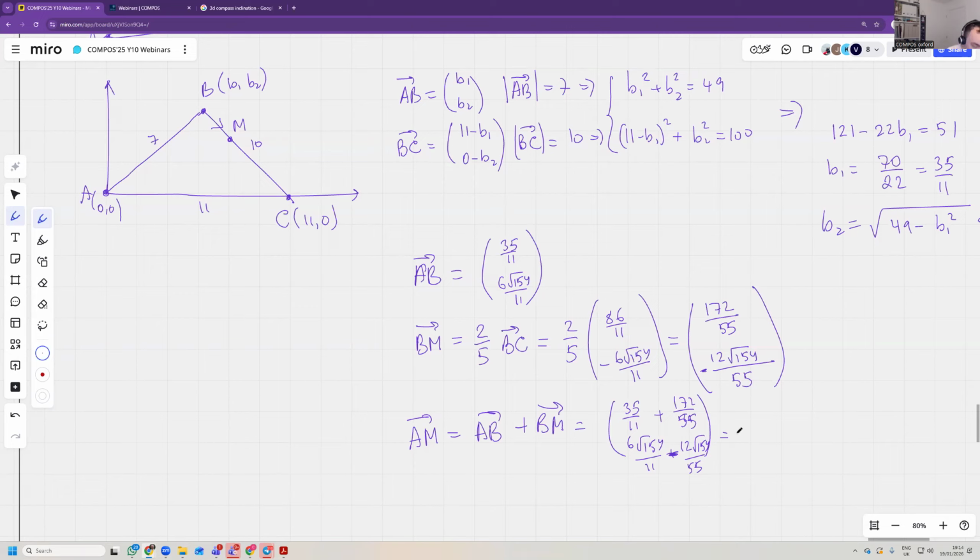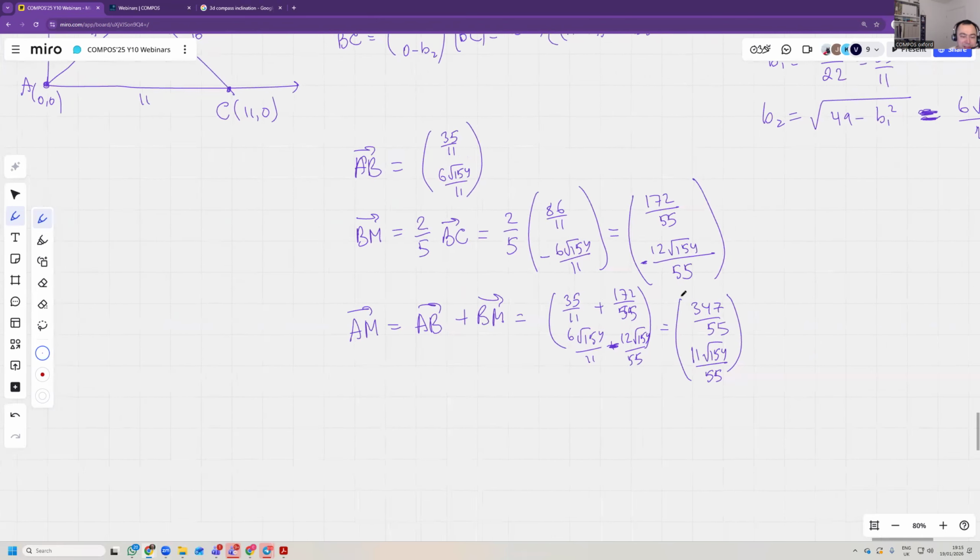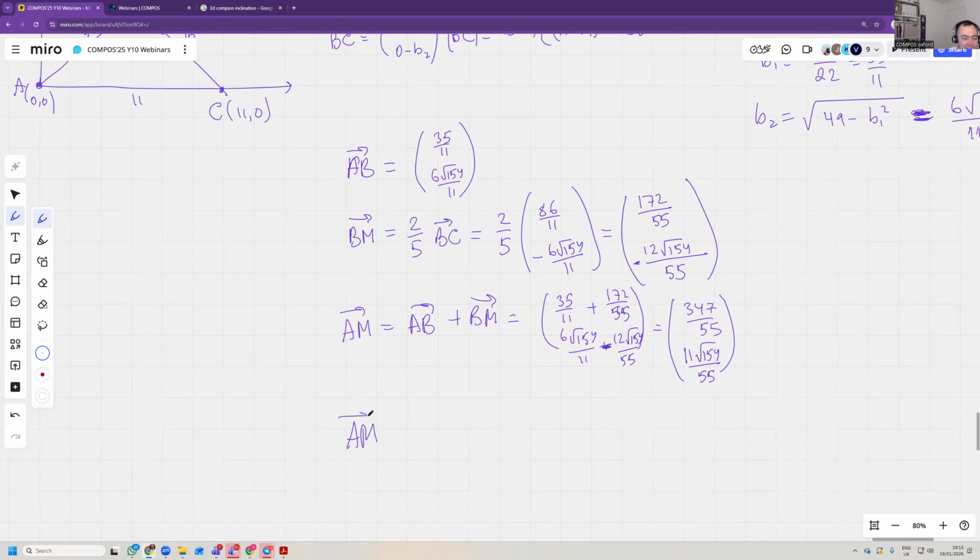So the first component is 347 over 55, and the second is 6 over 11 minus 12 over 55, times root 154. All right, now we need the length of AM, which is just the modulus of that vector.